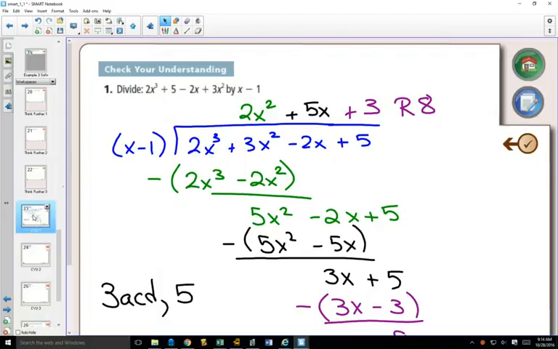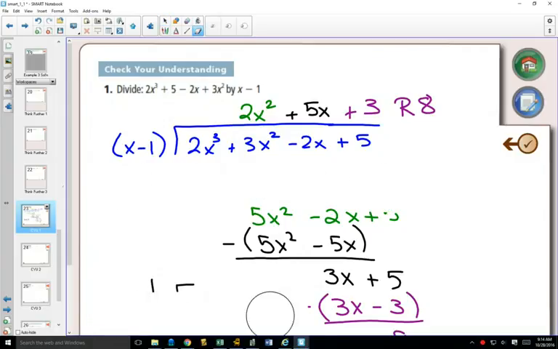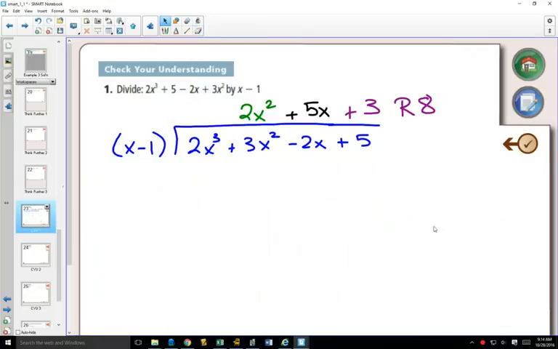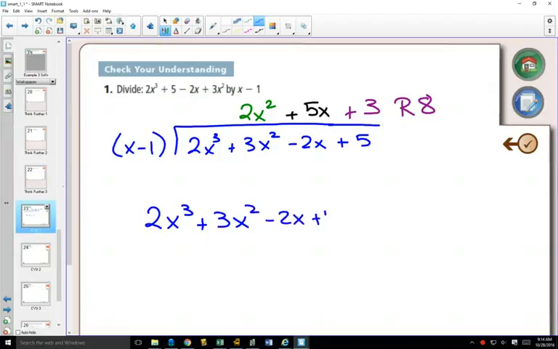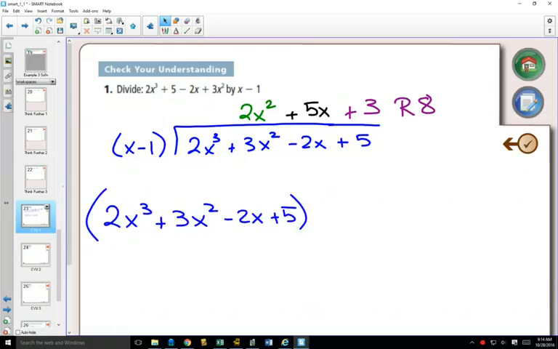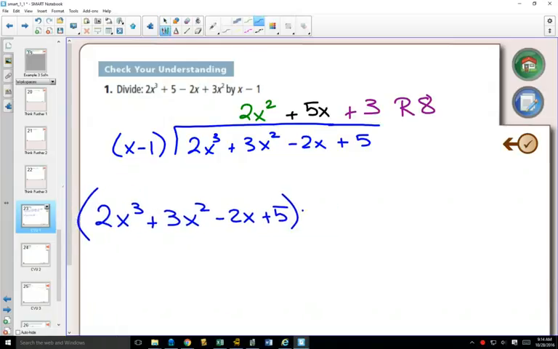If we wanted to write that as a division statement, I'm going to erase this here for now. We could say that, and just like when we wrote before about our factoring, this thing that we had to start with is going to equal, slide this over a bit, x minus 1 times 2x squared plus 5x plus 3.